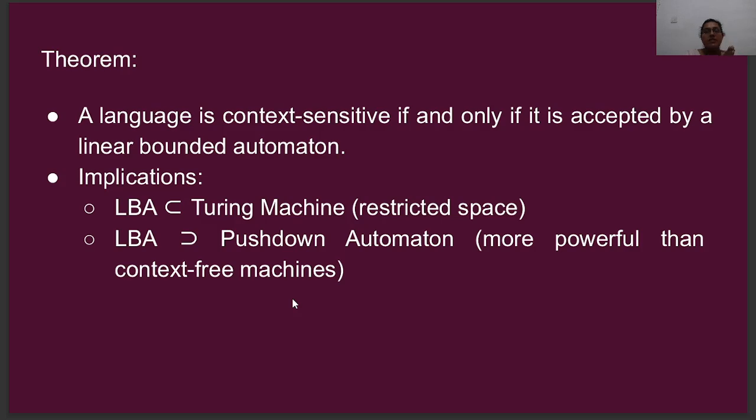From a context sensitive grammar, we can get its equivalent linear bound automaton, and from the linear bound automaton, we should be able to design the context sensitive grammar. Now, the implications: a linear bound automaton is a subset of the Turing machine because of the restriction in space, and a pushdown automaton is a subset of the linear bound automaton because the LBA is more powerful than the context free machine.